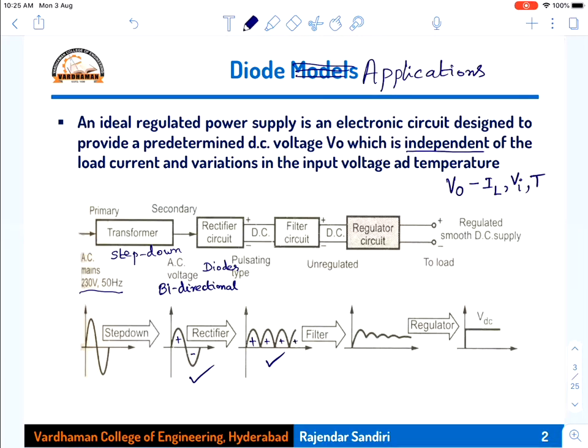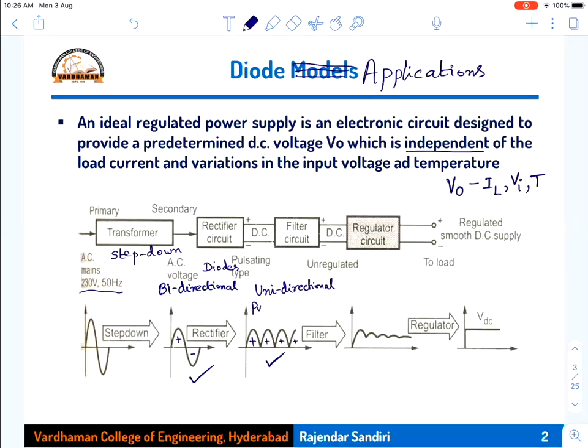We don't have any waveform in the negative direction. So when we compare these two, the input is bidirectional and the output of the rectifier is unidirectional. Unidirectional is nothing but having only one direction, the positive direction. Negative direction waveforms are completely eliminated.